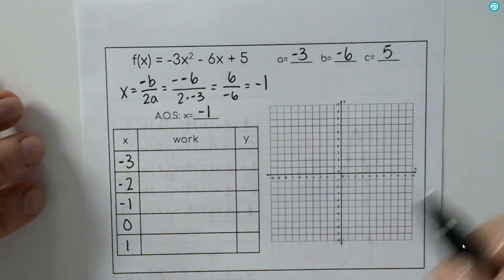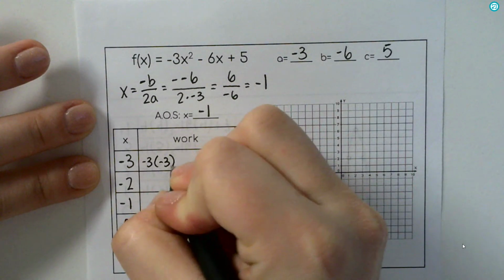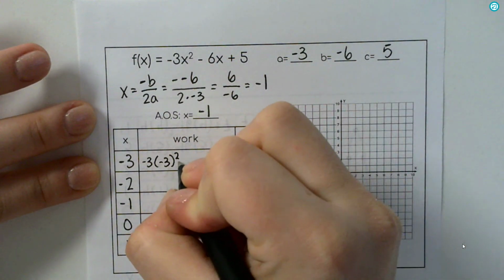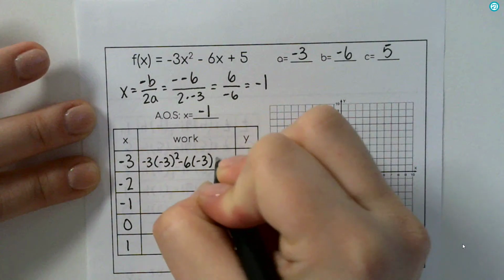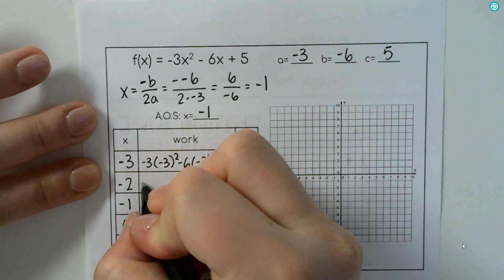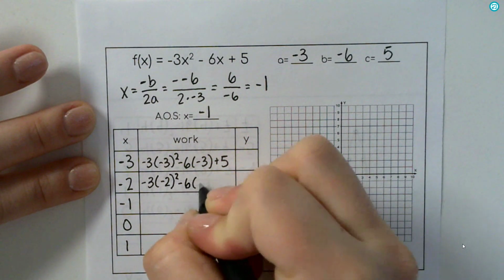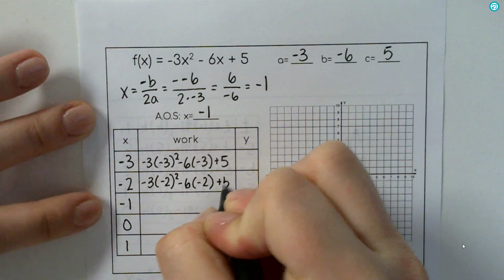Okay, so let's put down our work. We've got -3 times -3 squared minus 6 times -3 plus 5. -3 times -2 squared minus 6 times -2 plus 5.